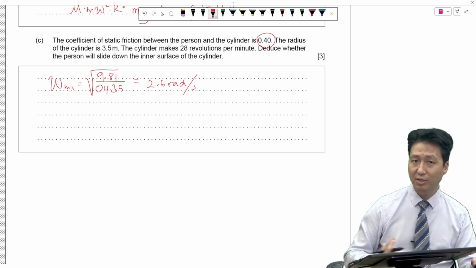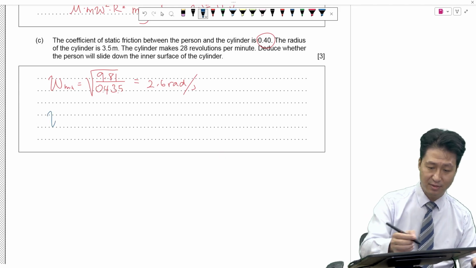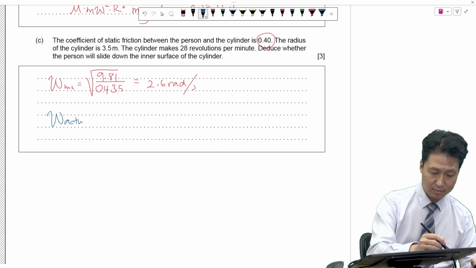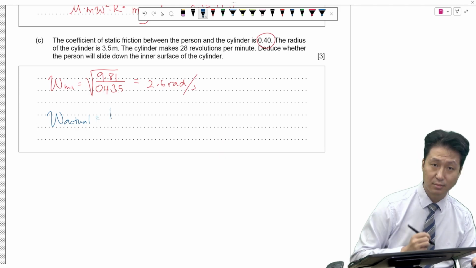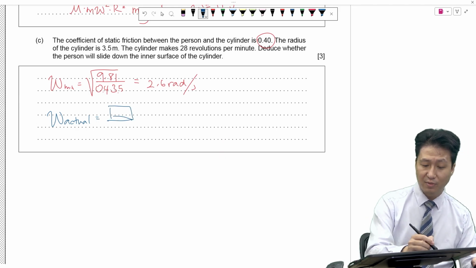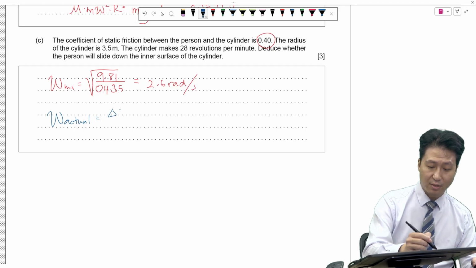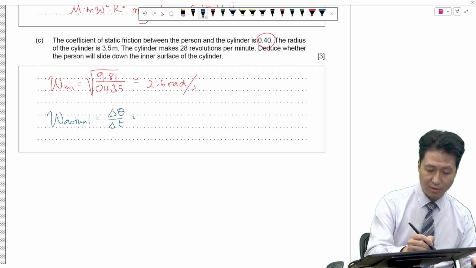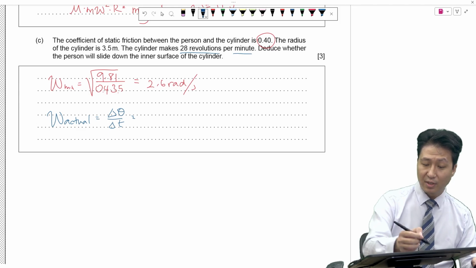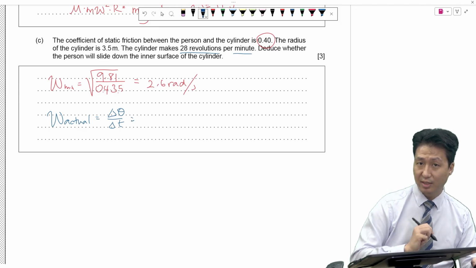Next, we will compare this to the actual angular velocity. The angular velocity will be the change in the angle over the change in time. So, write that down, angle over time. But it gives us 28 revolutions per minute.